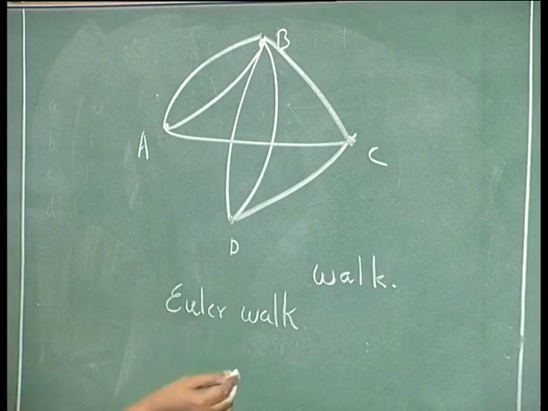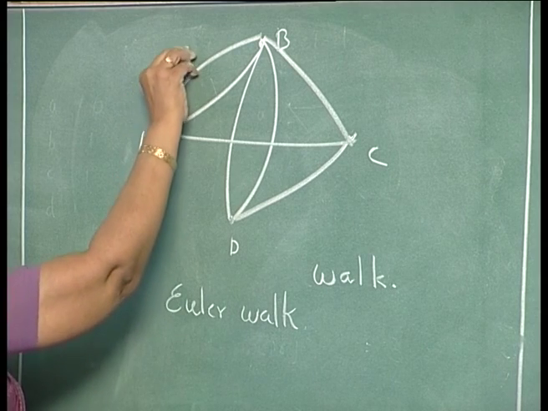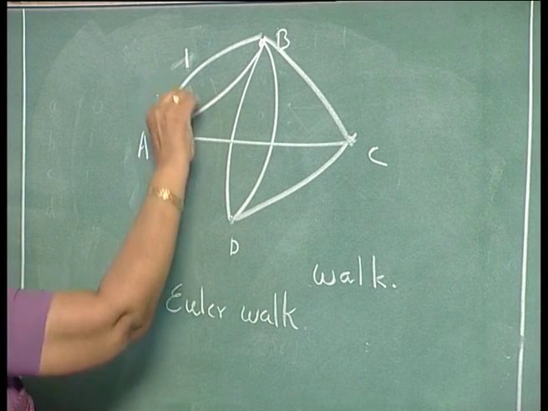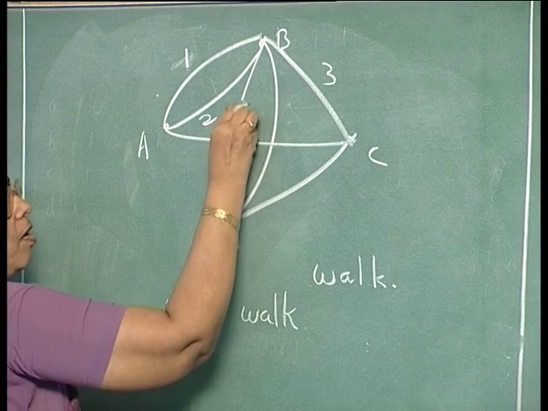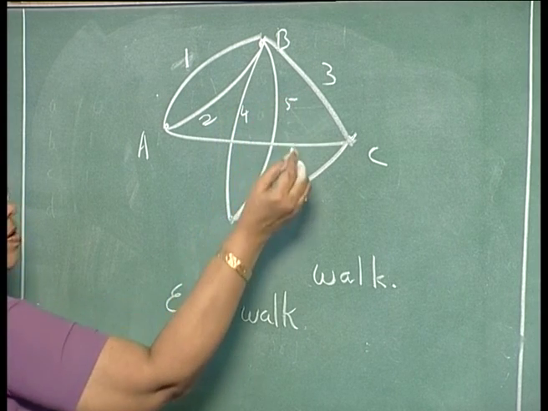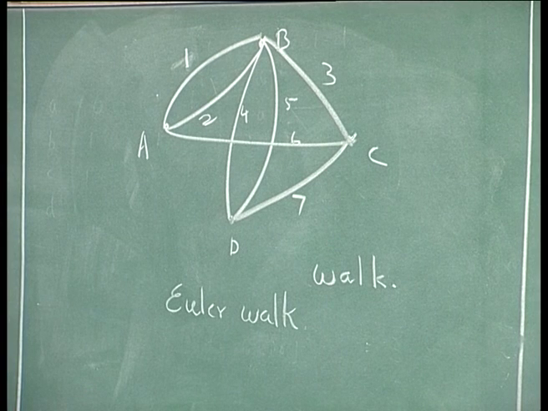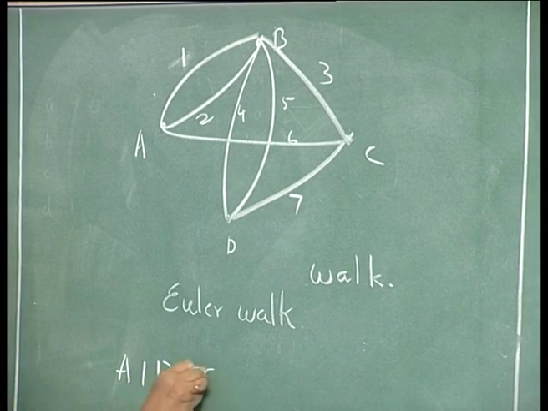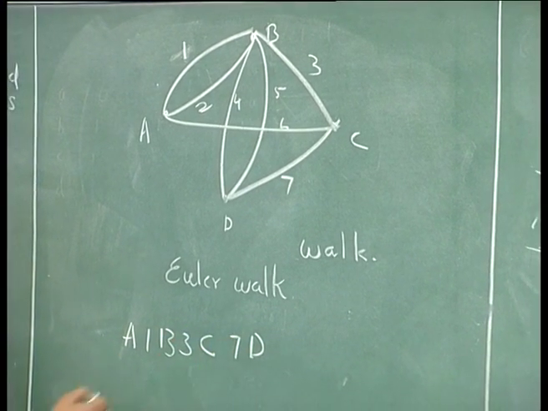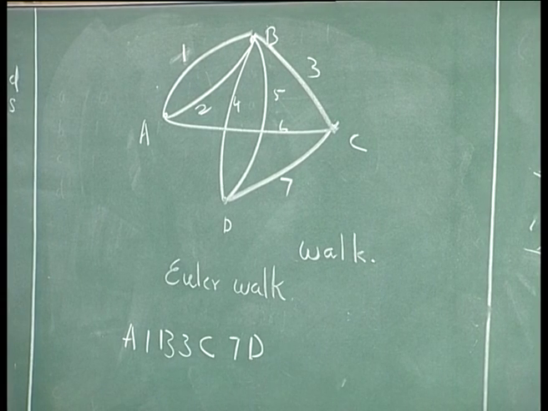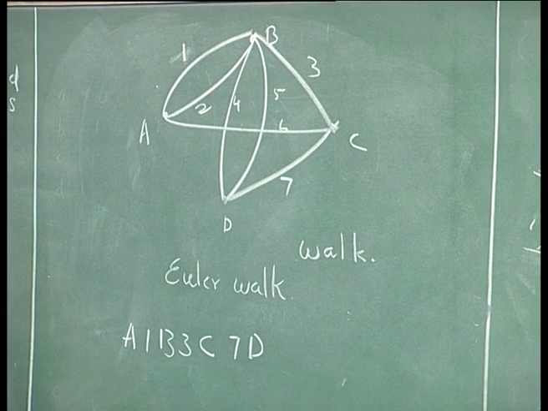For example, the 7 bridges can be numbered from 1 to 7. Then a walk is like this: A, 1, B, 3, C, 7, D represents a walk. That is, we can start from A and reach D by going through 1, 3 and 7.